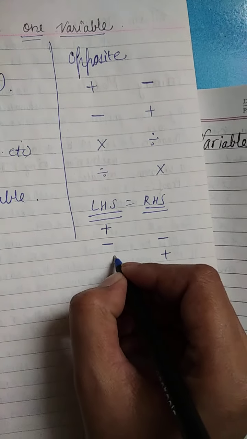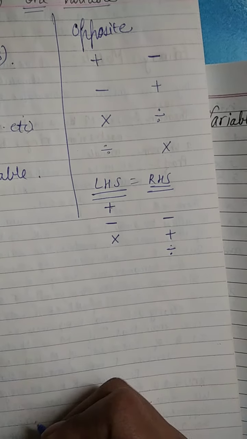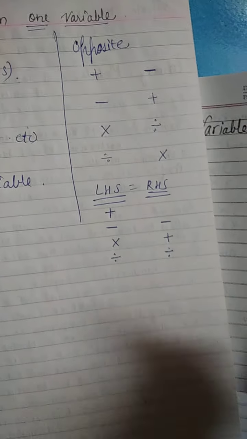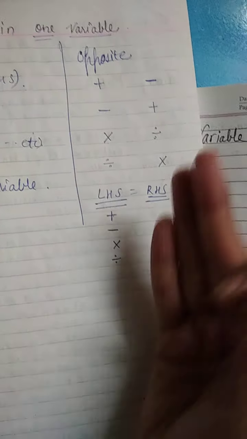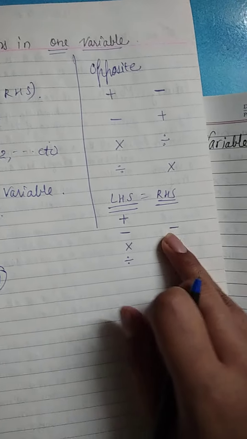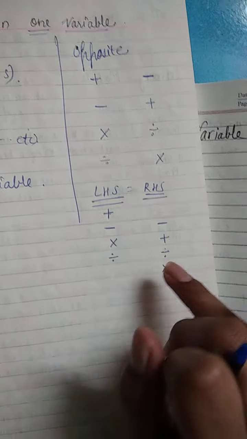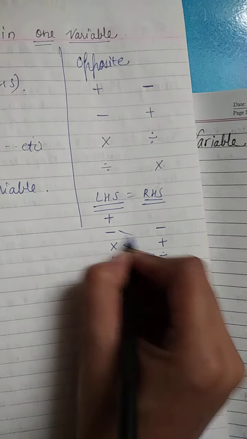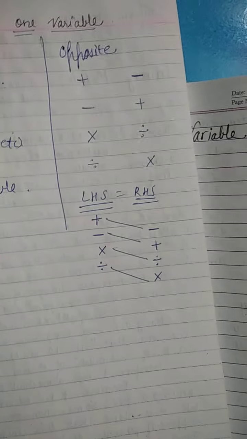If any number in the LHS is in multiplication, it will go in division, and if any number is in division, it will go to the opposite side in multiplication. In both manners you can change from LHS to RHS or from RHS to LHS, it will go the same way. Opposite of subtraction is addition, addition is subtraction, division is multiplication, and multiplication is division. Both sides will interchange their value with the opposite sign.